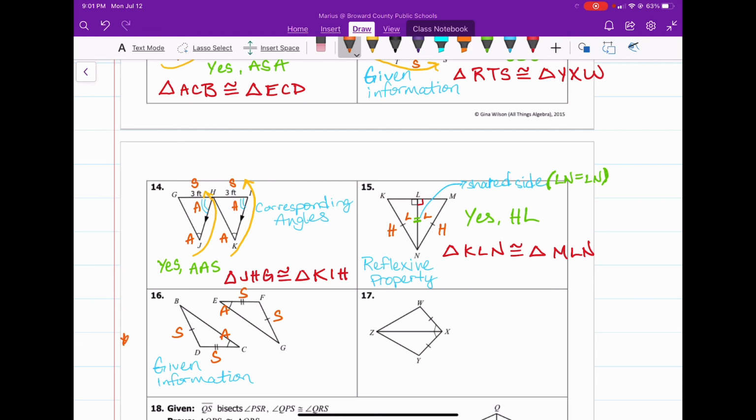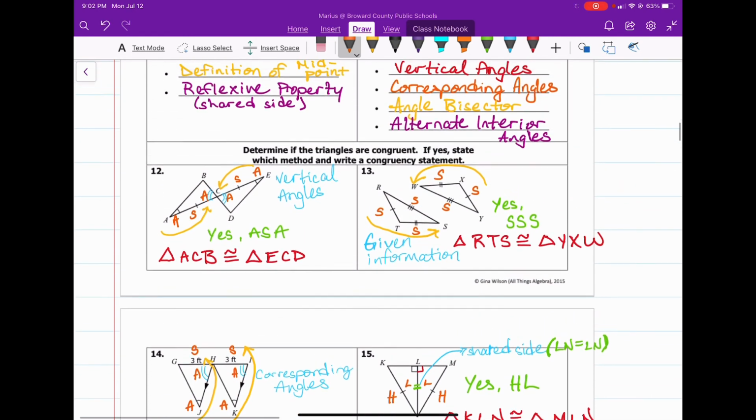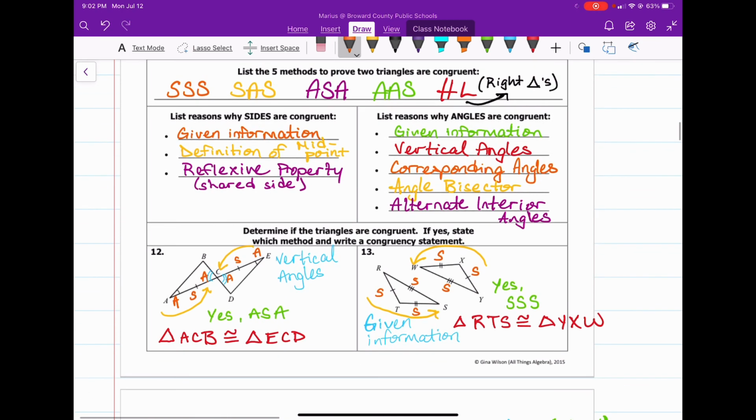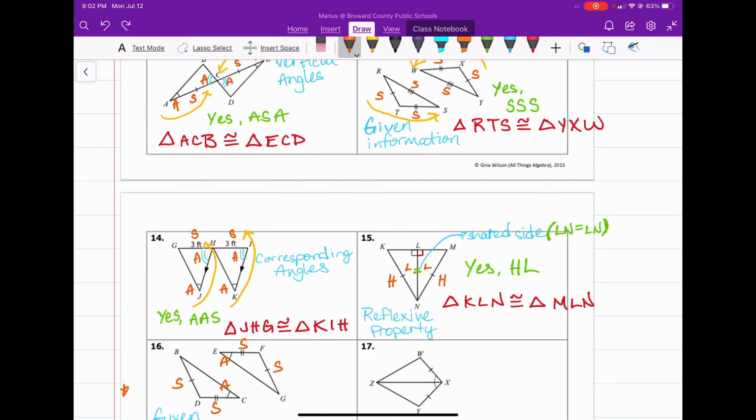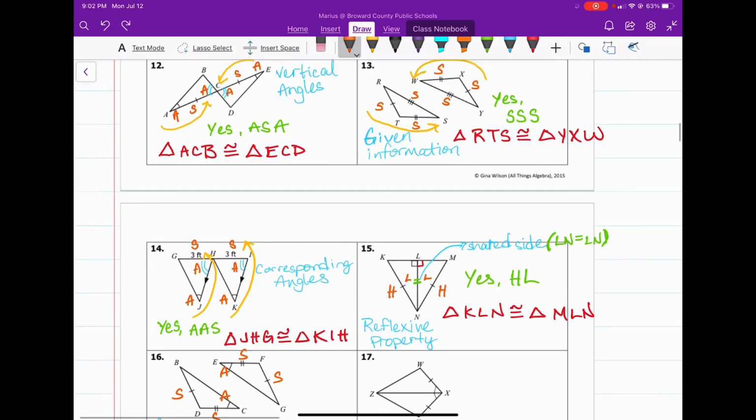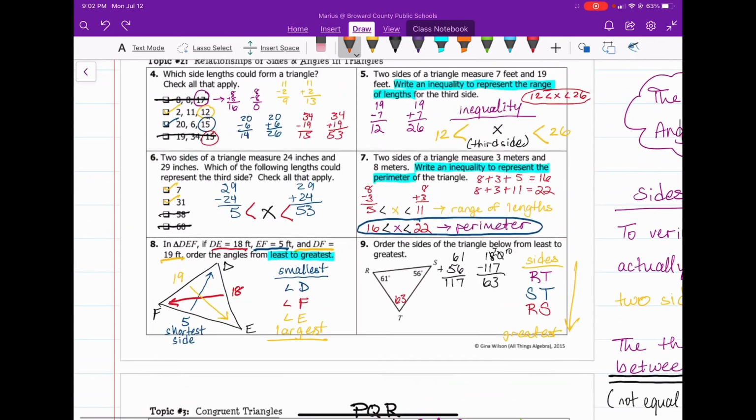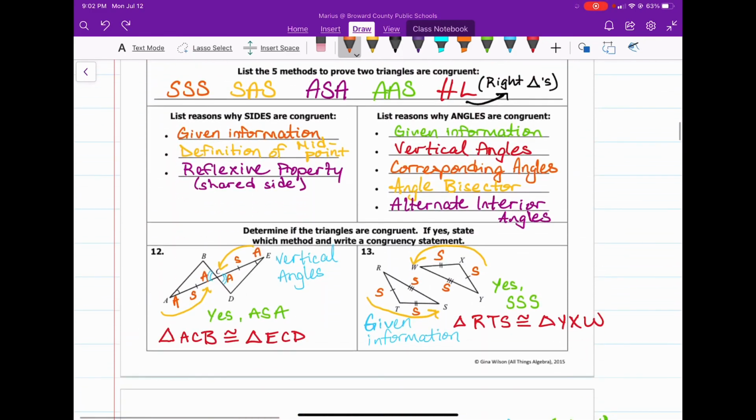Now, if we go back up to the top here to our listings, we have side, side, side; side, angle, side; angle, side, angle; angle, angle, side; and hypotenuse leg. Sorry about that.